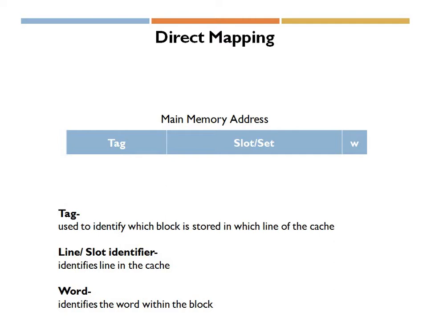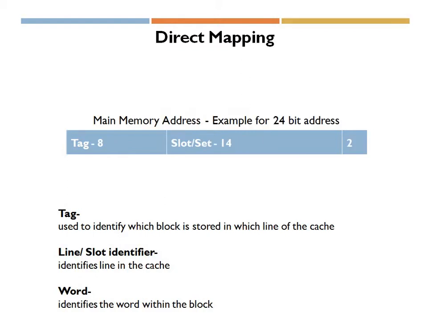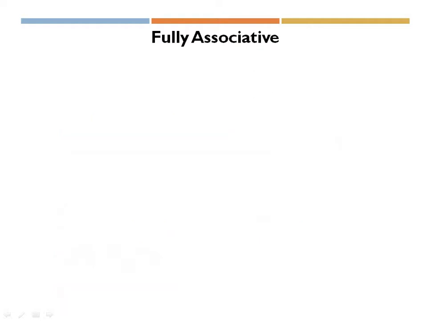Slot or set identifies the line in the cache, whereas the word identifies which word is within that particular block. If I want to represent that in a 24-bit address, the tag occupies 8 bits, slot or line occupies 14 bits, whereas 2 bits are given for my word.